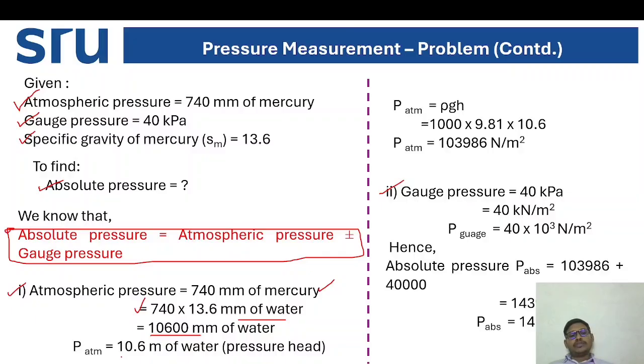So P atmosphere equals rho g h, which is 1000 into 9.81 into 10.6, so P atmosphere equals 103986 newtons per meter square.